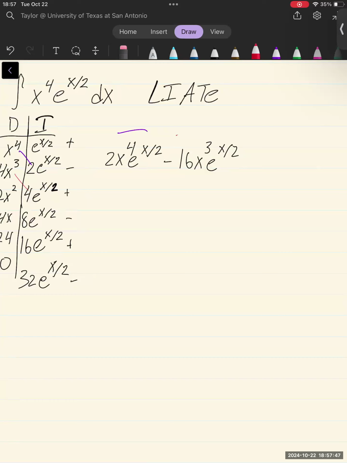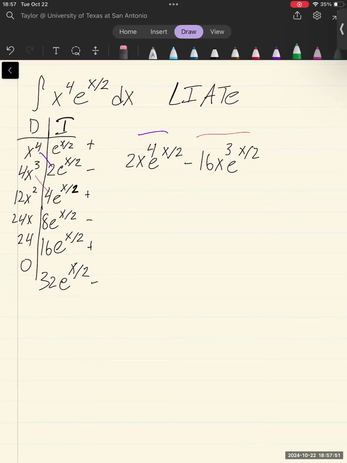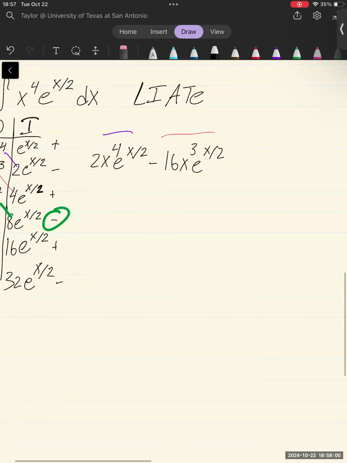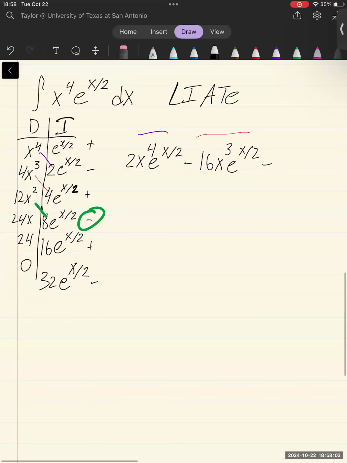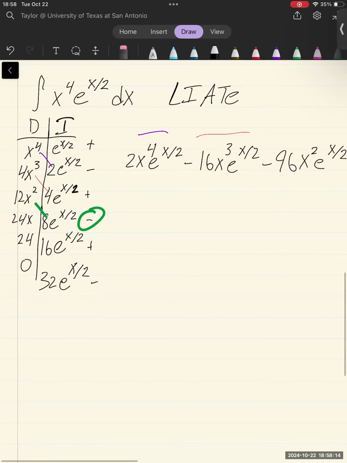This is the red part here. And then the green line from these two, with the negative, and I've got minus 96 x squared e to the x over 2. And then if you wanted to, you could.